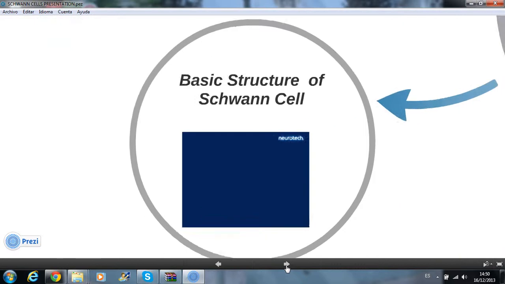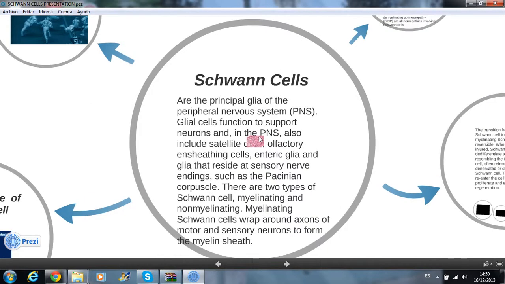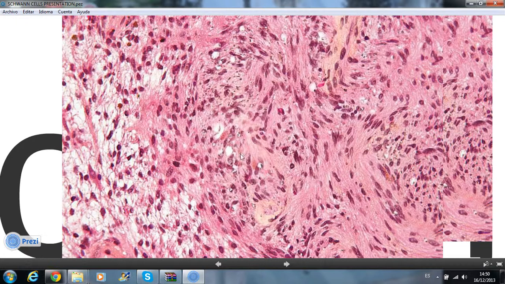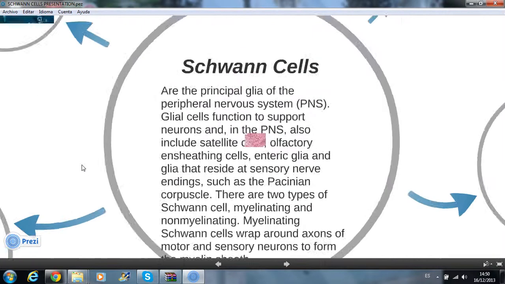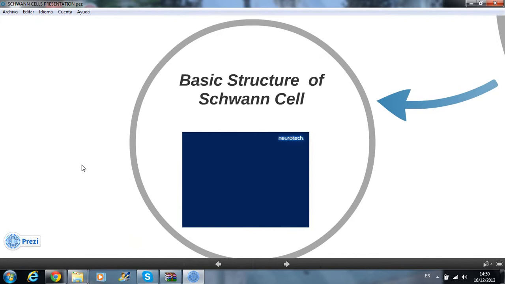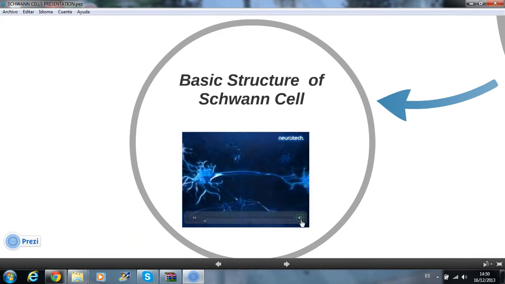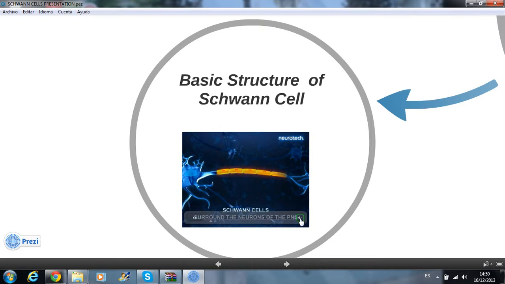So here you can see the structure in a microscopical feature, as we can see the Schwann cell. Also, in this video, we can see the structure of a neuron and the Schwann cells that are in the body of the neuron.